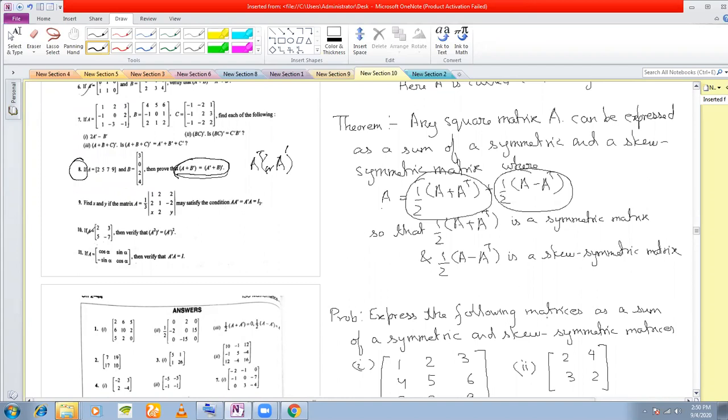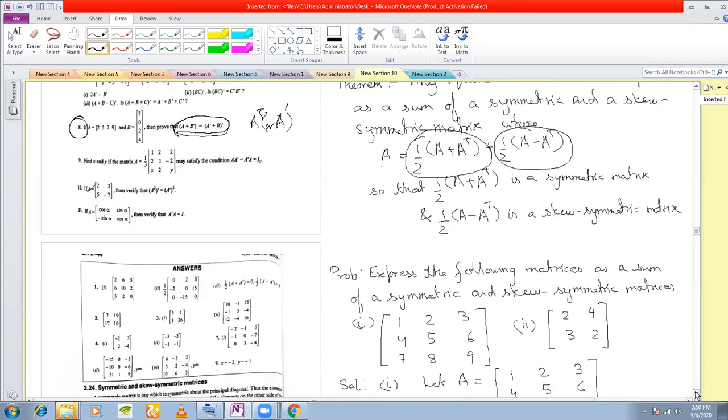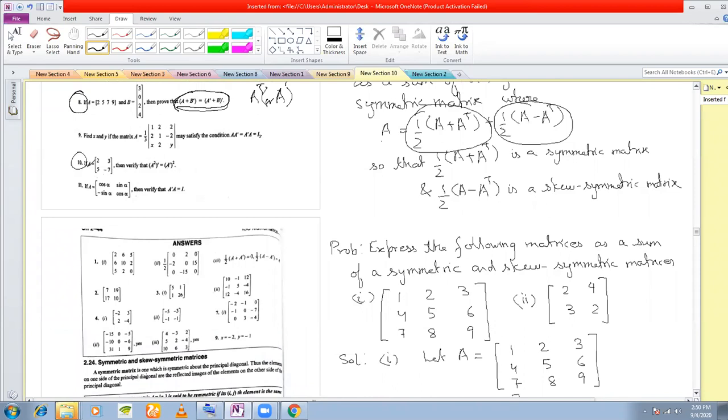And this number 10 also, verify that A square transpose is equal to A transpose square. Can you do this problem, or should I show you? We will do it. Find out A square, take the transpose. You will get a matrix. Next, you take the matrix A, take the transpose of the matrix, then square the matrix. And show that they are equal. Finished.